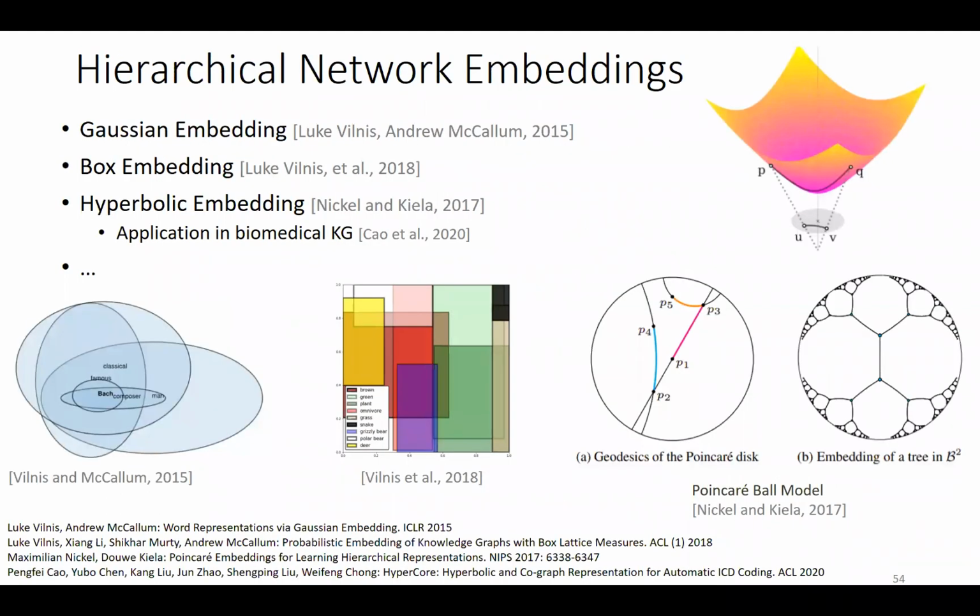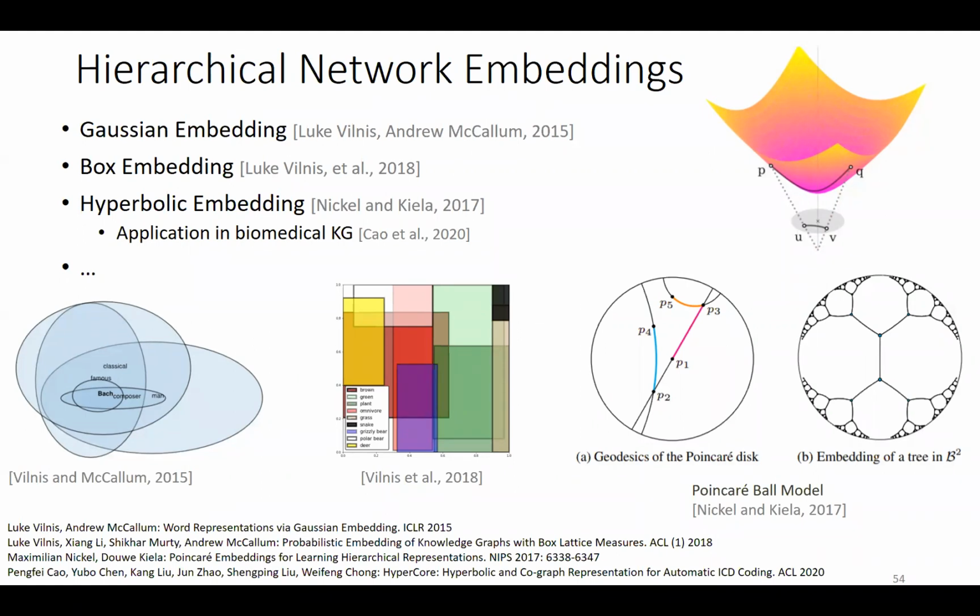In general, we can develop different types of embeddings based on different geometrical observations, including Gaussian embedding, box embedding, and hyperbolic embedding. For example, the hyperbolic space naturally reflects the tree structure. The Poincare model, defined over a projection of the hyperbolic space, shows very natural tree-based relations.